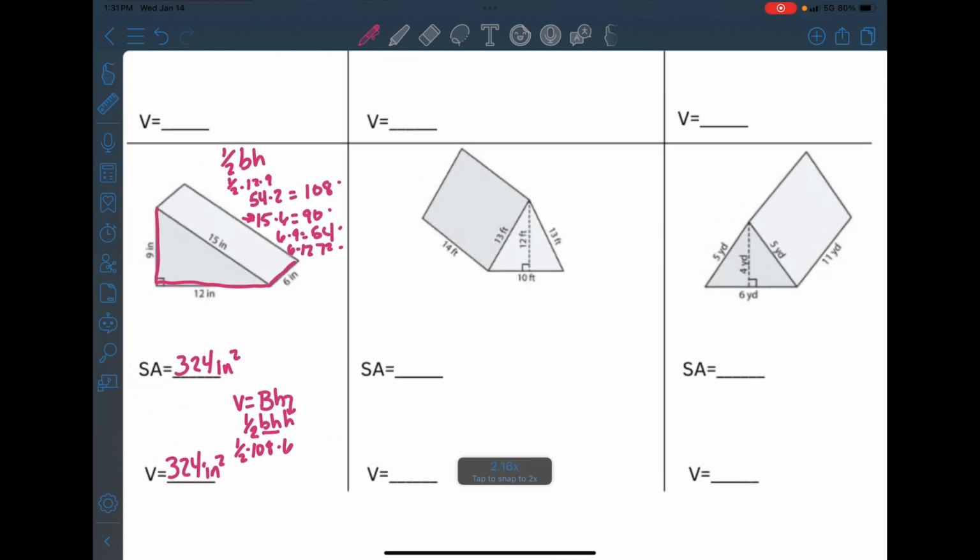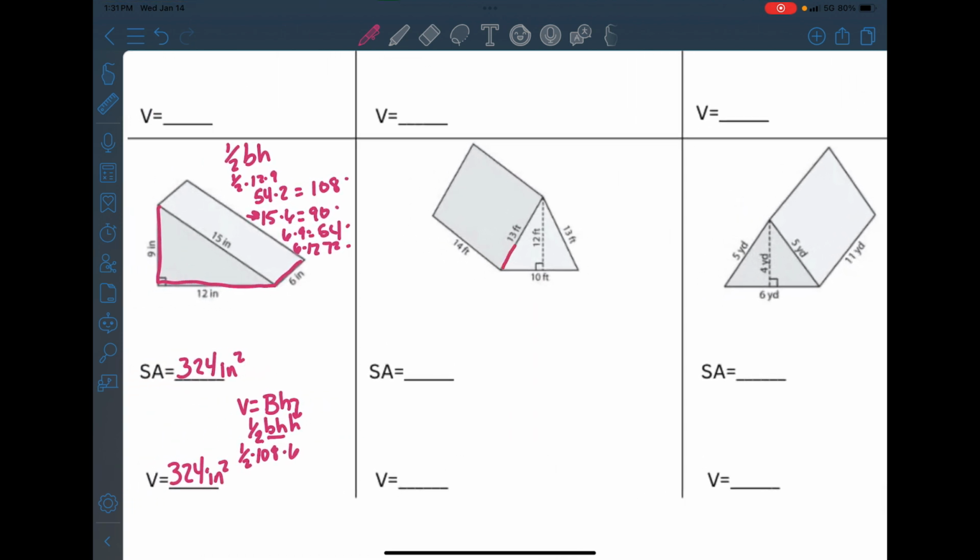But these are not right triangles. If I'm looking at this, these are going to be my bases, they're just kind of laid over on their side again, okay? So I need my base and height of my triangle. My base is this, my height is that for the triangle. 13 would be used for this rectangle.